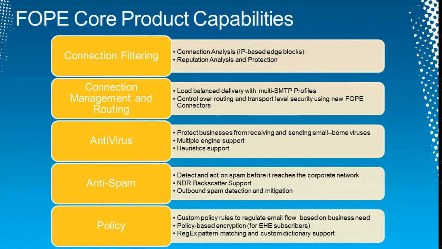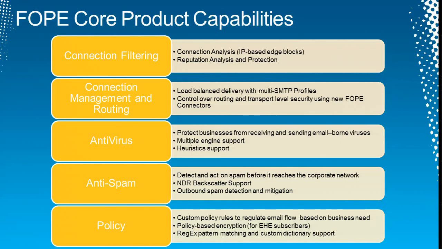This is largely a new area. There's a feature, FOPI connectors, that gives an unprecedented level of control over routing within FOPI, as well as a wealth of options around transport level security, encrypting the mail over the wire at the connection level. I'll talk about that later and show you where it fits into the system.